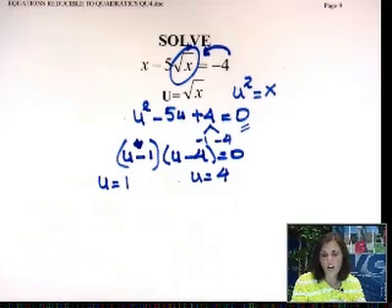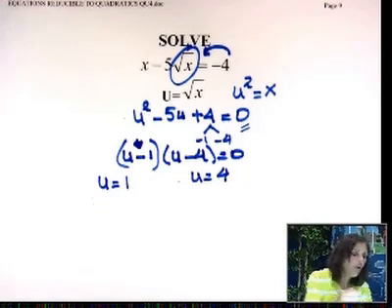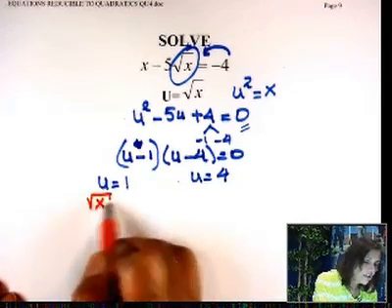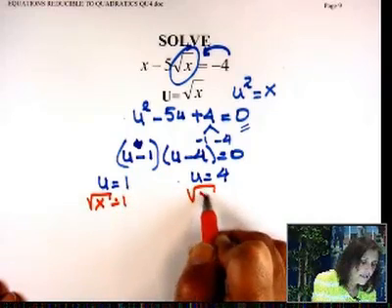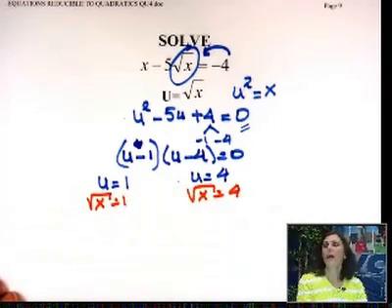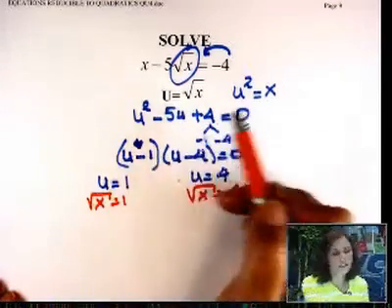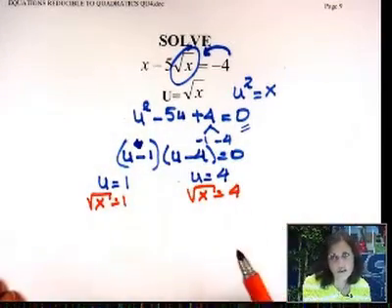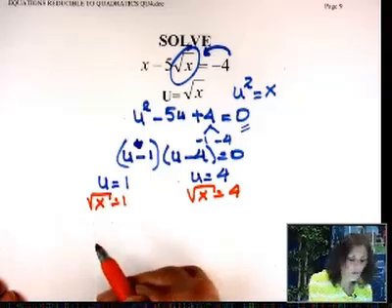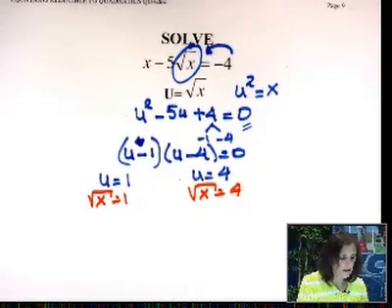Am I done? No. You have to go back. What was u? Rad x equals 1. What was u? Rad x equals 4. Okay, at this point you may be able to eliminate some of the answers if this gives you negative or something. Just pay attention to that. Now what am I going to do? I'm going to square both sides.